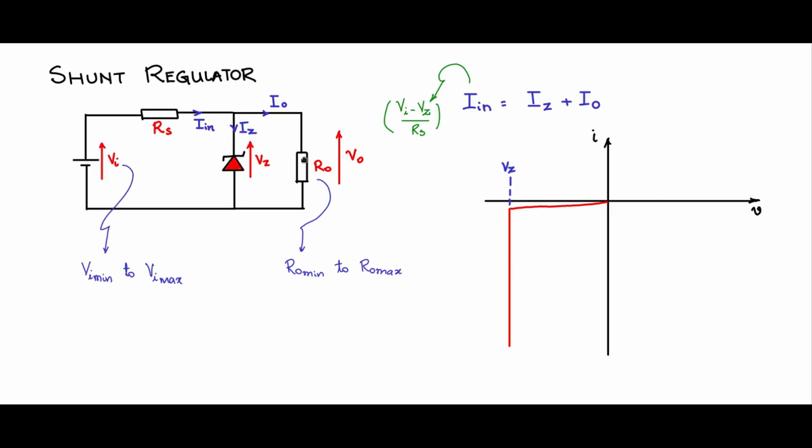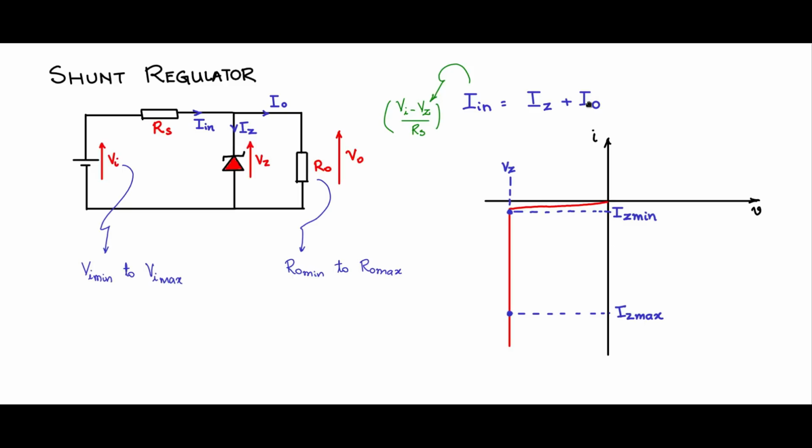Depending upon the value of R0, there is commutation between I0 and Iz to maintain In fixed to this value. So the current through the Zener has flexibility. It can operate from a max value Iz max to a min value Iz min. And this in fact gives you the regulation.